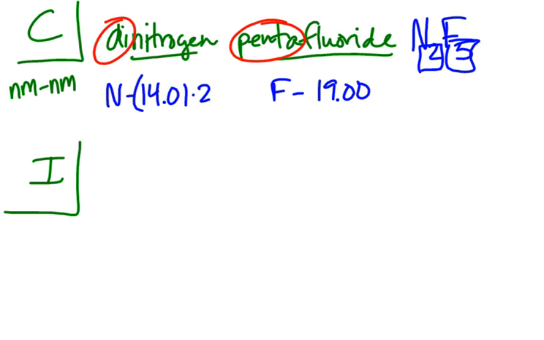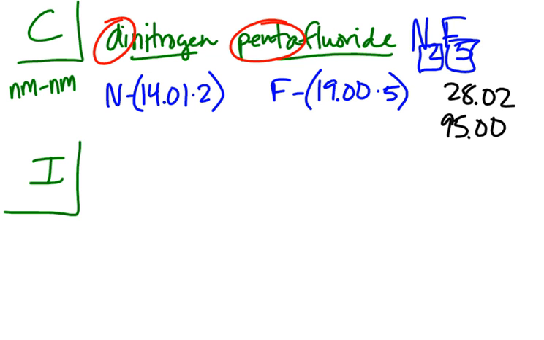So in this case, by 2 and by 5, respectively. Okay? So I'll go 14.01 times 2. That equals 28.02. And then 19.0 times 5. That equals 95.00.